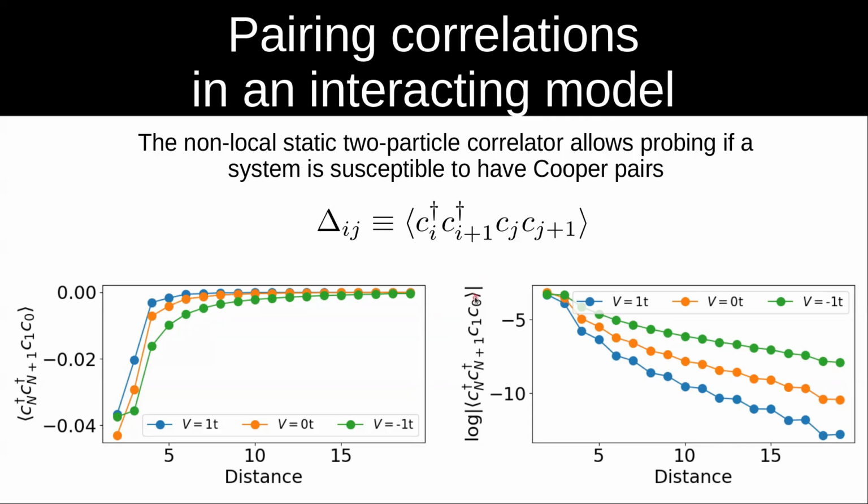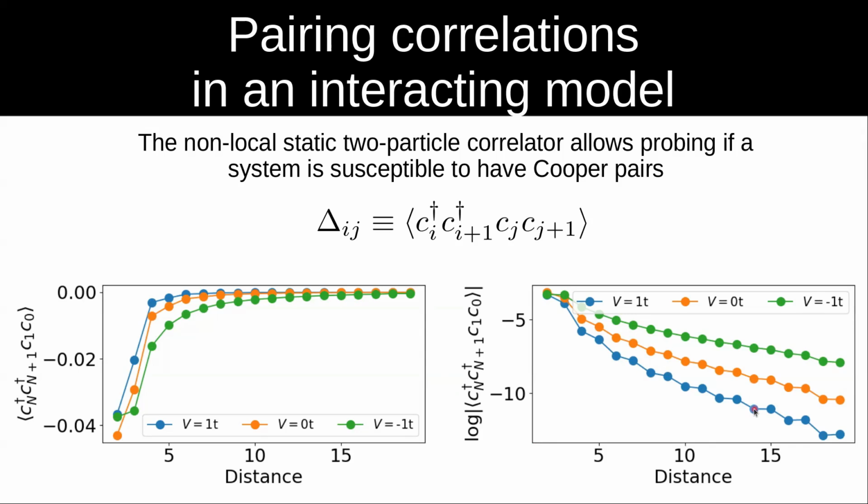And so we can start by looking at what happens if we have no interactions, repulsive interactions, or attractive interactions. If we have no interactions, then this correlator decays at a certain rate, and you see in the log plot that it decays at this rate. If you increase interactions, and in particular use repulsive interactions, what you observe is that the correlator decays as well, but now it decays faster. What this actually means is that repulsive interactions quench this type of double electron interaction.